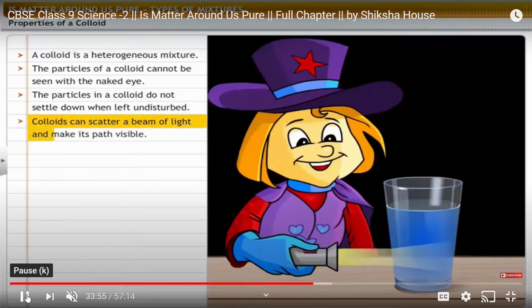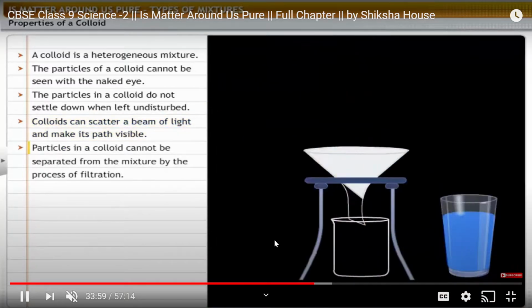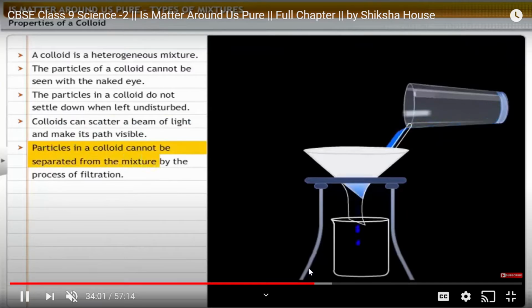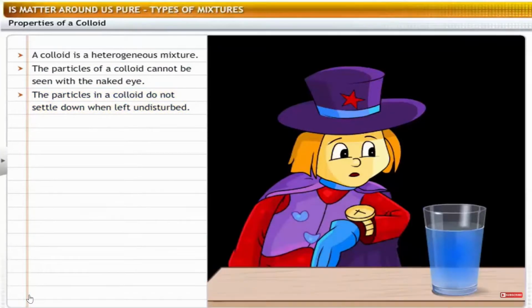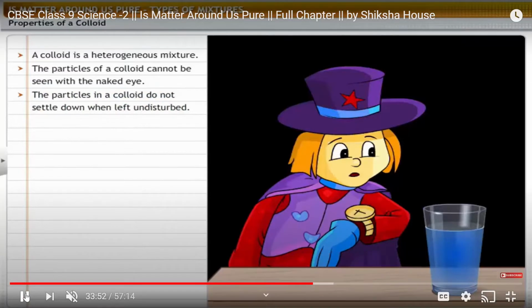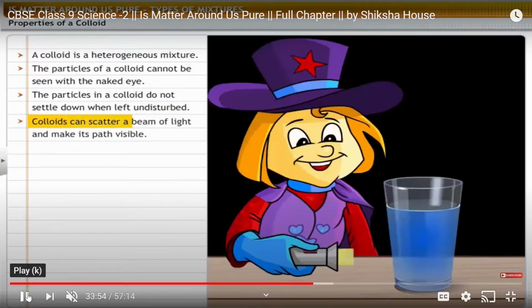Next property is, children, if you put a beam of light on colloids, it will scatter the beam of light, as you see in the previous. Let me just scroll it a bit towards the back, rewind something. I want you to be very particular and see the things very clearly. See, Tyndall effect.